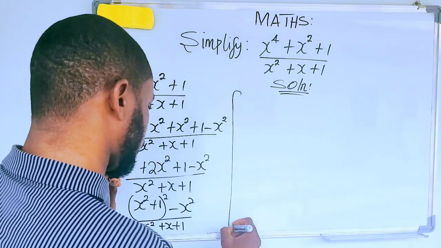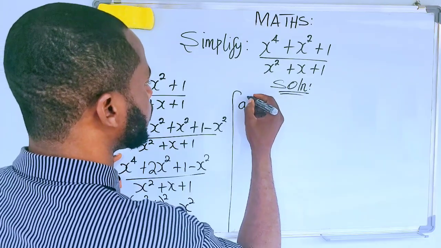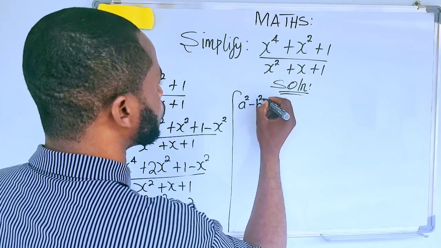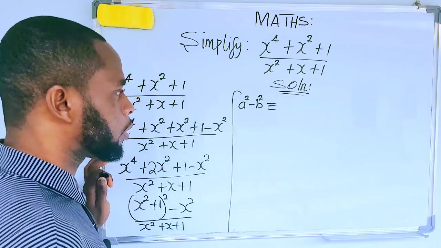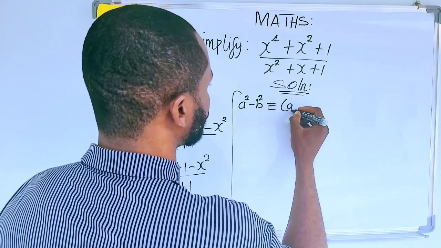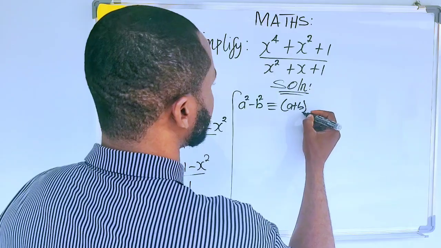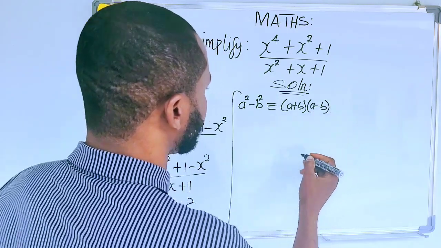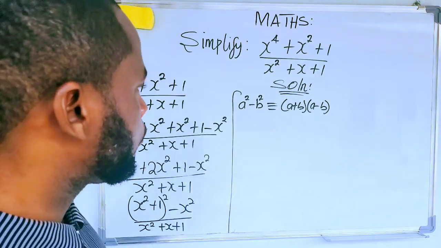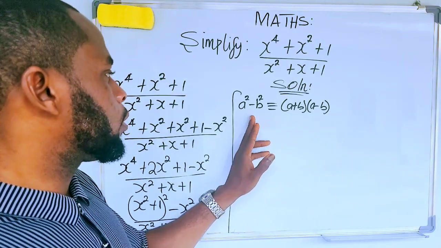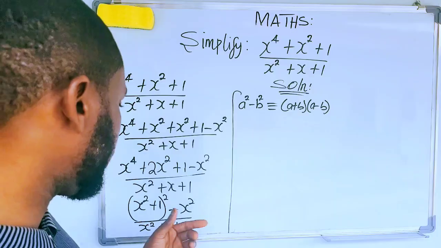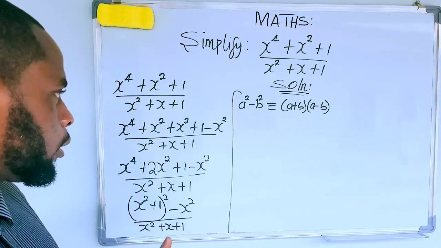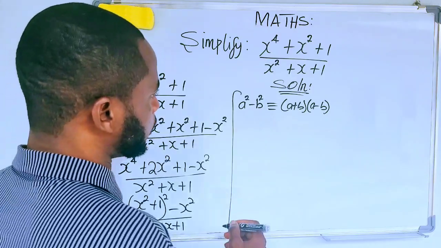In that case, recall that if you have a to the power of 2 minus b to the power of 2, this is equivalent to a plus b into a minus b. Then we are going to apply this algebra identity here in the numerator. Then if you apply this here, we are going to have this.